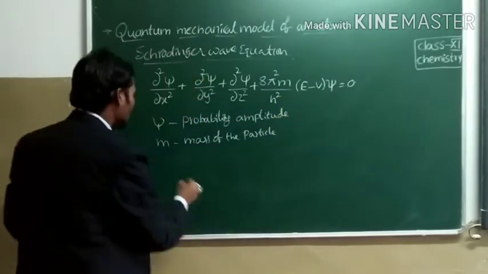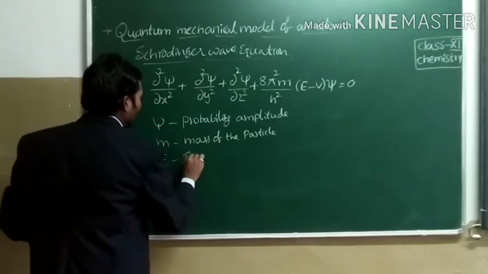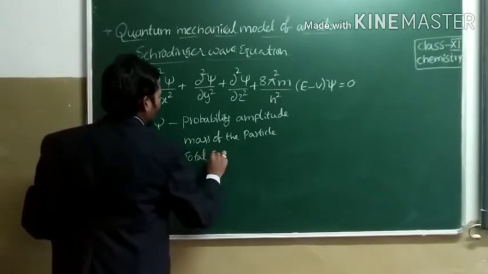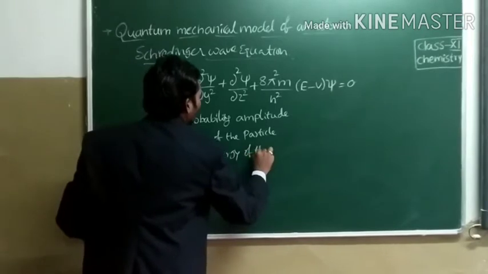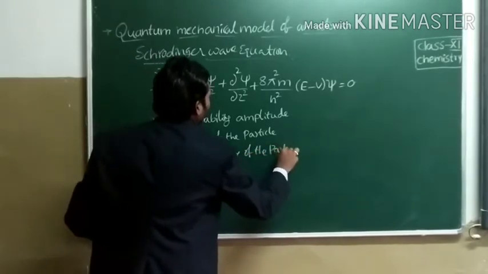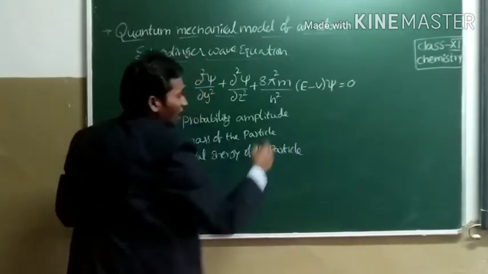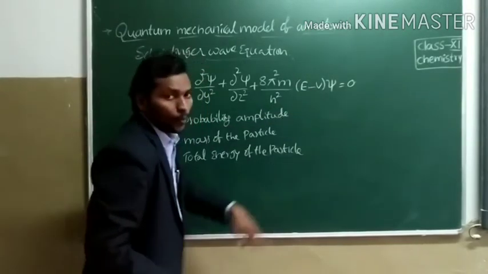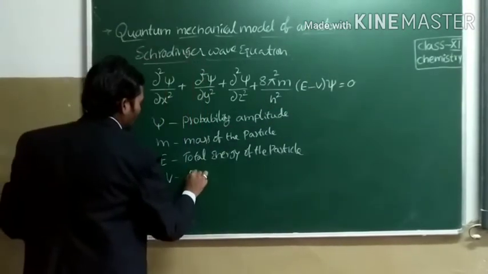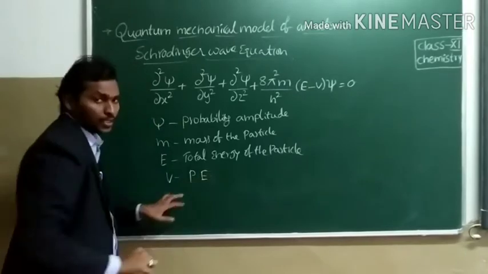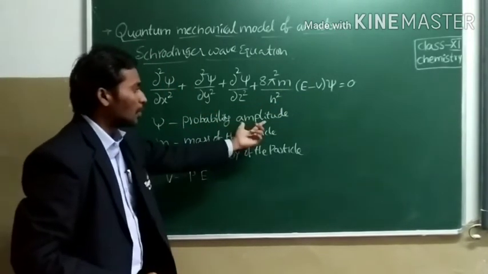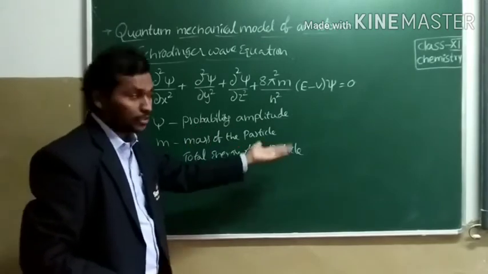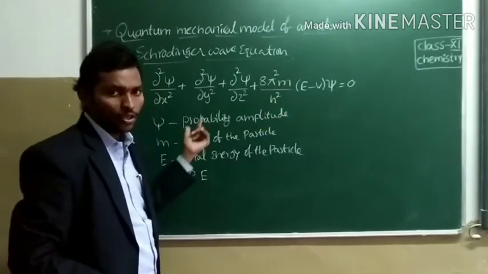Next, E is the total energy of the particle, and V is the potential energy. And ψ, as we have already discussed, is the probability amplitude or wave function.